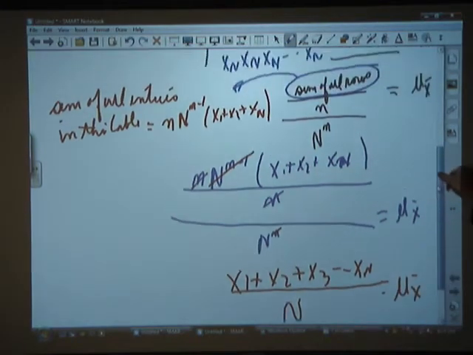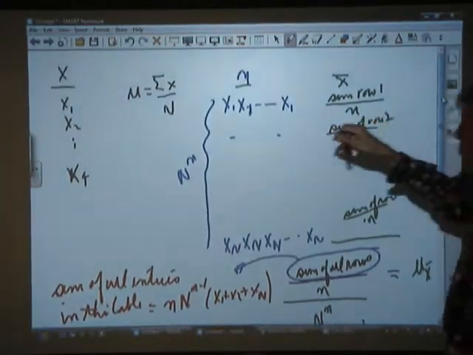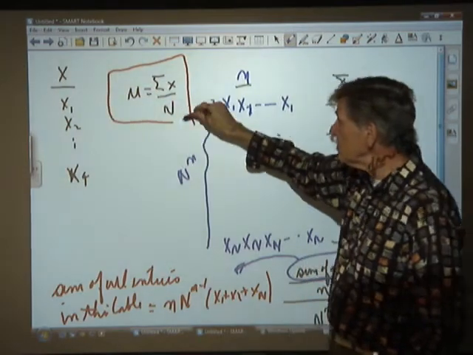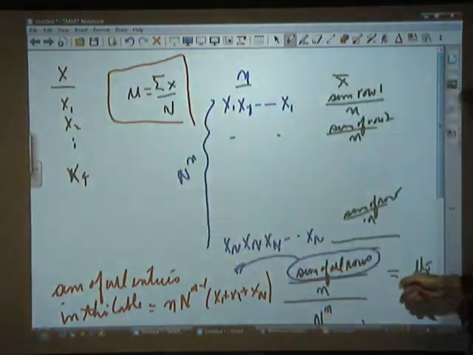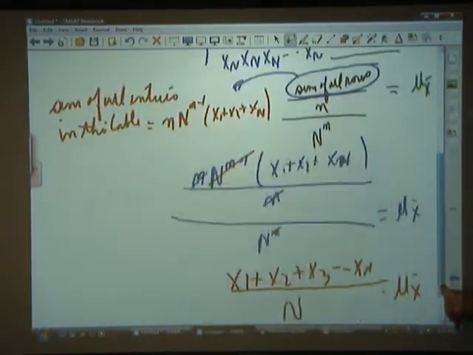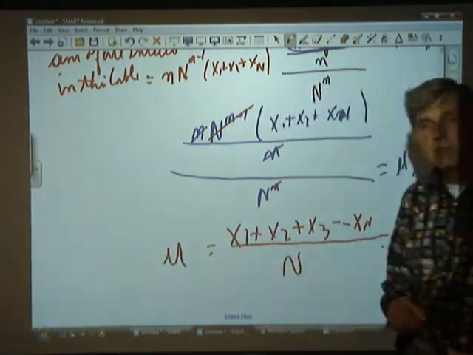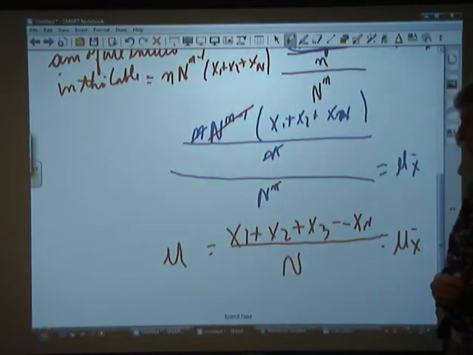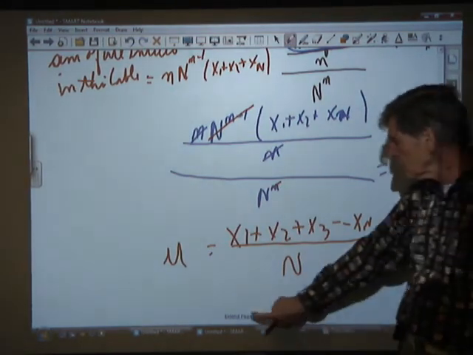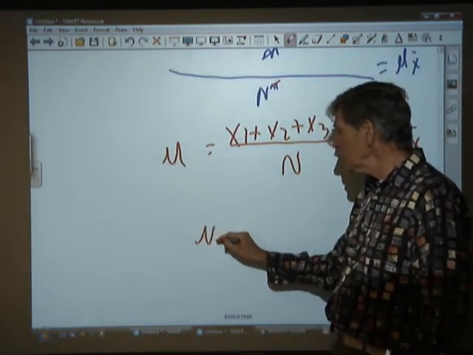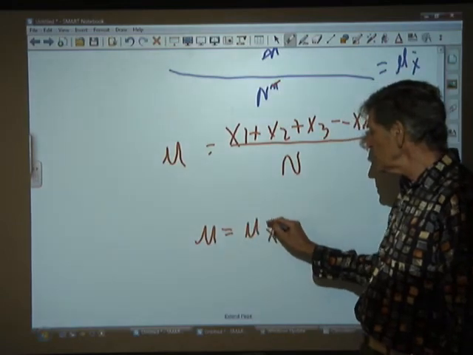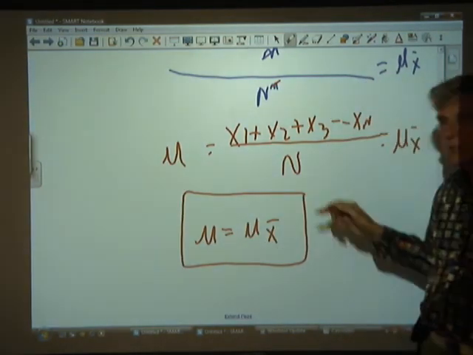But indeed, that was simply what was equal to the mean of the population, the sum of all the x's divided by capital N. So therefore, the mean of the sample means is established to be equal to the mean of the population. So the conclusive result: the mean of the population is equal to the mean of the sample means.